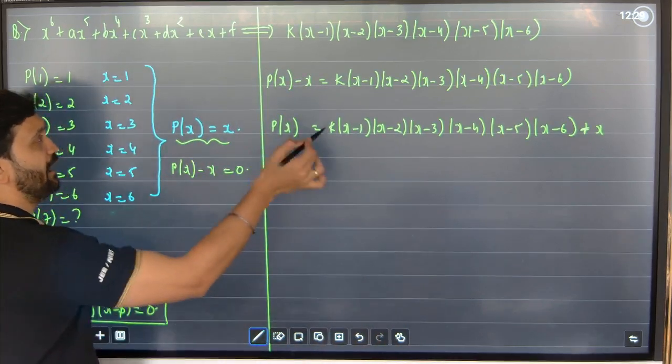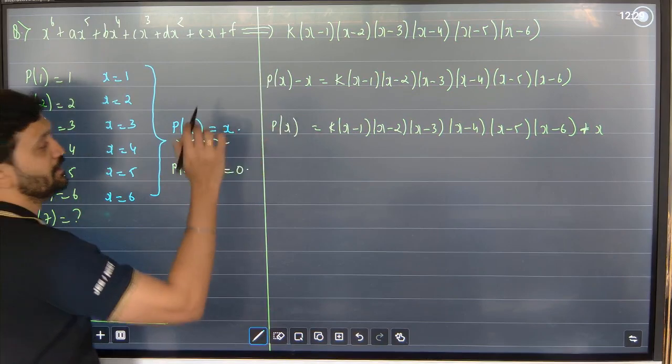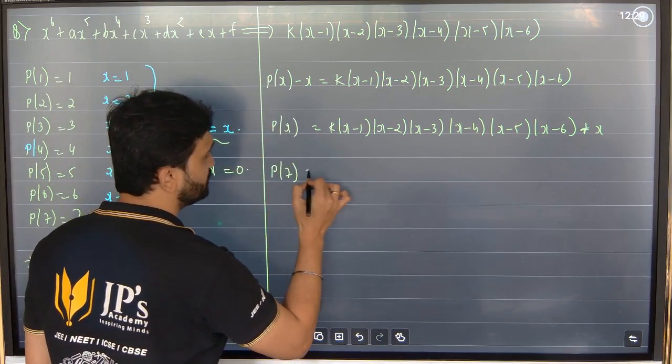Now since k, I told you the leading coefficient here is 1. Now the final value, if I put p of 7, this is 1.